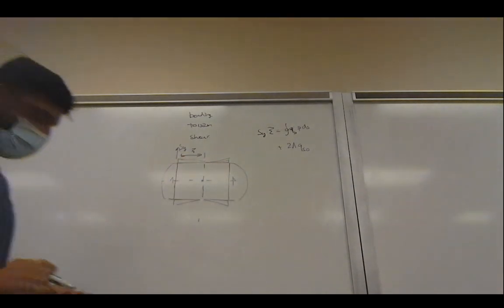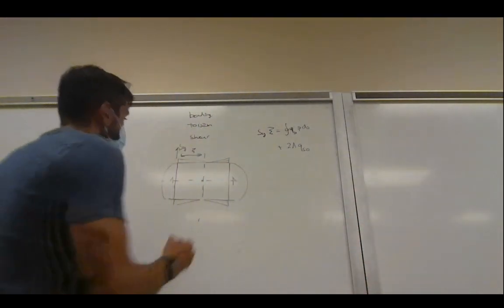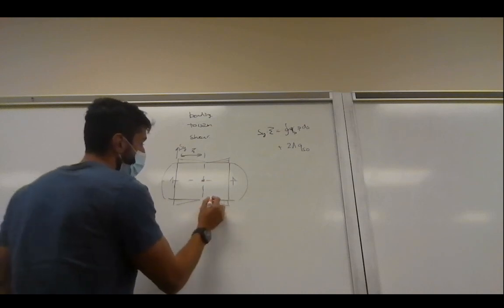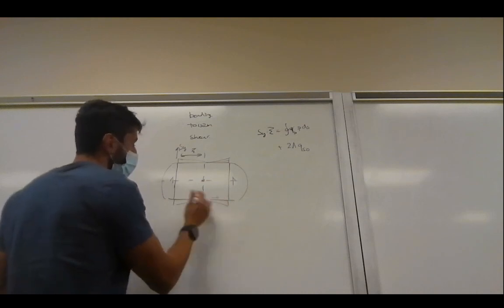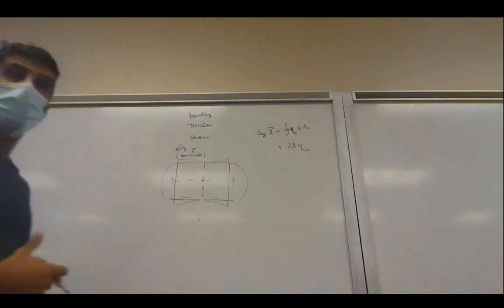Now if you evaluate this integral, if you look at this part and this part, the contribution of the shear flow going this way is cancelled by the contribution of the shear flow going the opposite way, right?